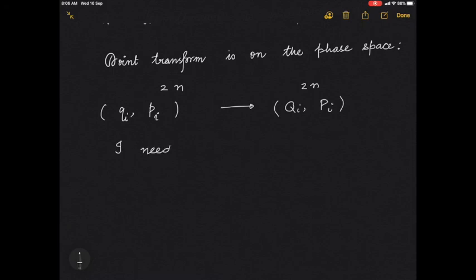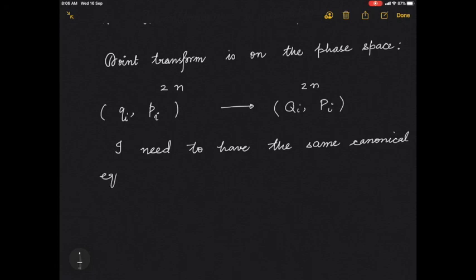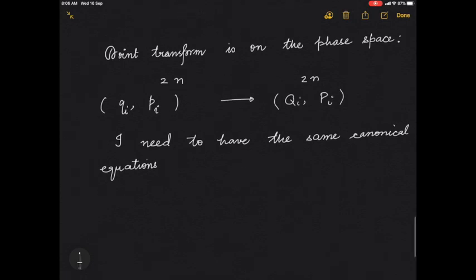But there is one more thing: I need the canonical equations invariant. I need to have the same canonical equations in terms of the capital Qi's.